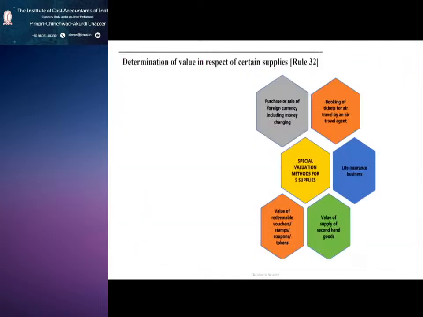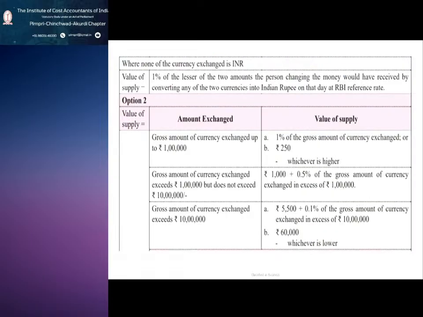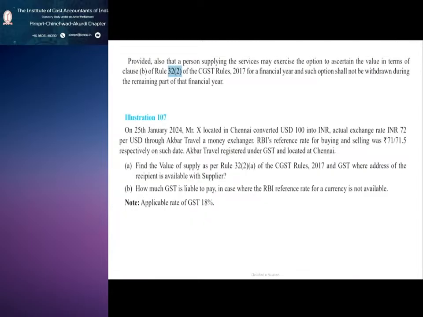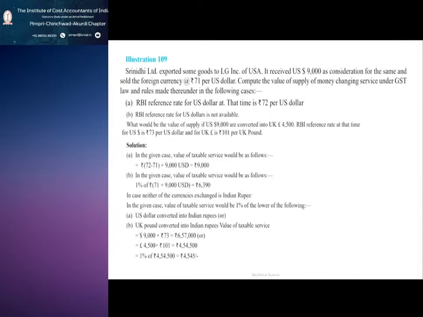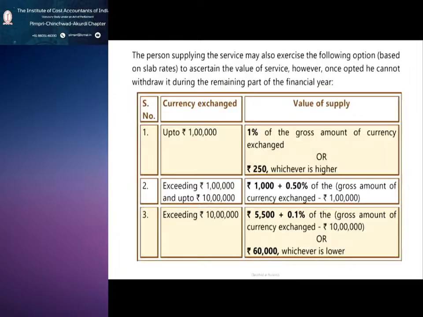Now we are going into the next one, booking of tickets for air travel by a travel agent. These are very simple. If you study now, it will be very easy, and you can open this again only for revision.